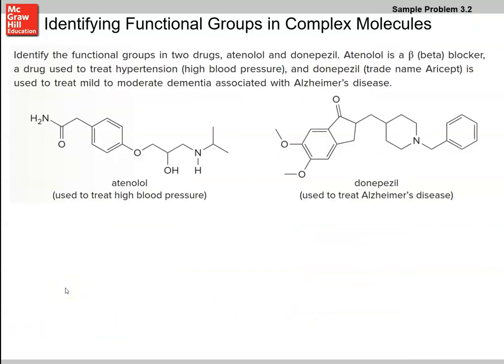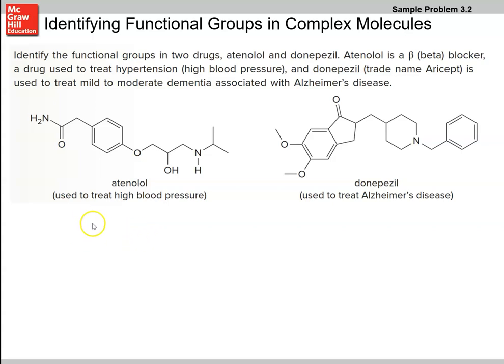So a really fun exam or quiz question for me to ask is, I'll give you a complex structure of maybe some type of drug like atenolol or donepezil, used to treat high blood pressure or Alzheimer's disease. And then I'm going to ask you to identify all of the functional groups. So I want you to make sure when you're doing this that you are identifying the full thing.